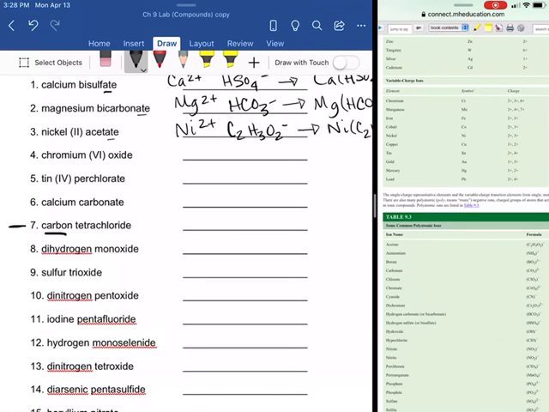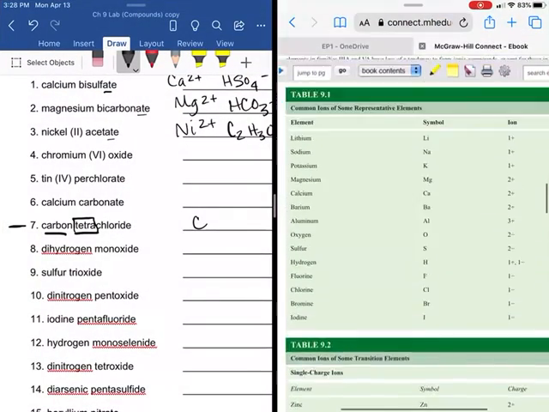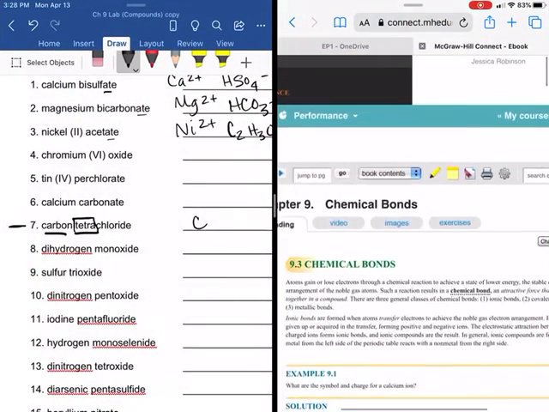Okay? So if it's a covalent, all you have to do for the formula is just know what that means, basically. There is no prefix on carbon, so that just means that there's one. And tetrachloride, so that tetra, if you look at the prefix table, that's a couple of sections over, but I'll go ahead and show you what I'm talking about.